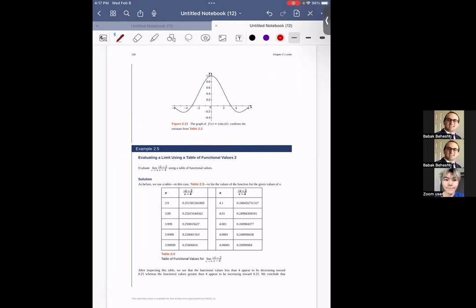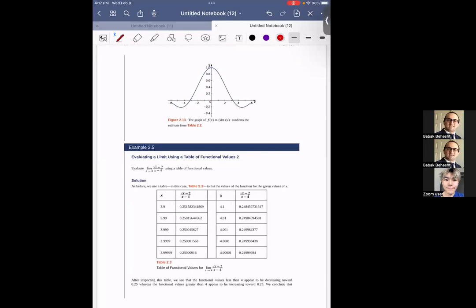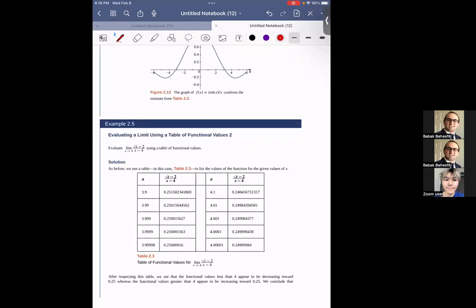Here is another table for square root x minus 2 over x minus 4. Again, we can do this with other methods. I told you, for example, by multiplying by conjugate. We will do it later, don't worry. But if you use this table, you can see that the value is 0.25 or 1 over 4.